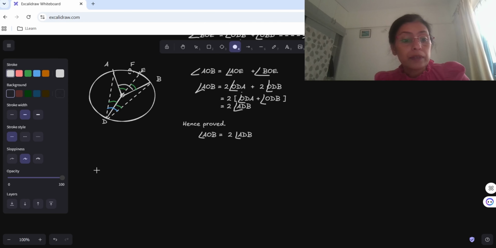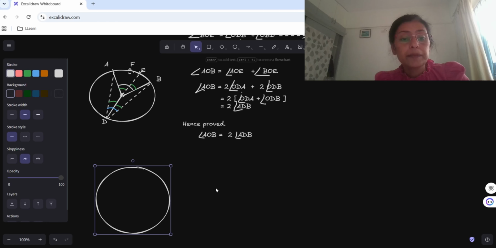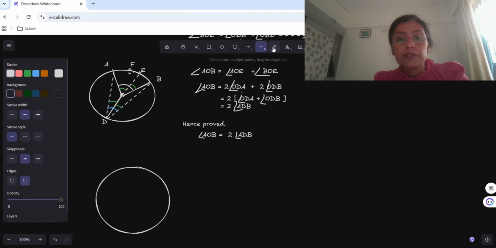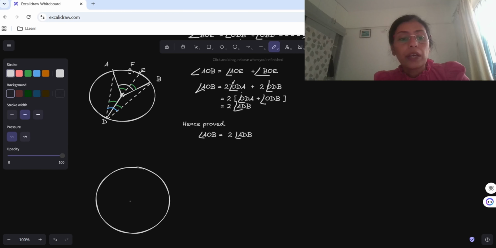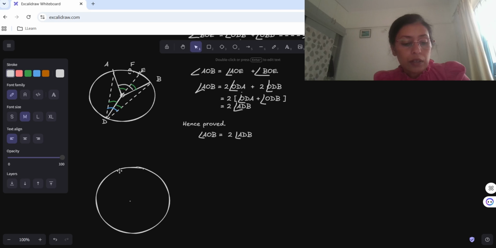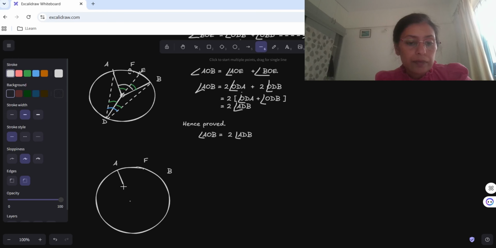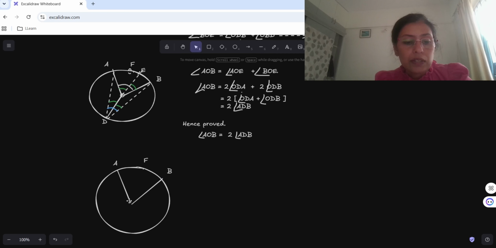How can this happen? Let me draw a circle. Let me first put a center, and we have 2 points A, B, and I have a point F, which is somewhere between A and B. Let me make the arc. So I'll join A to the center, and I'll join this point B to the center.